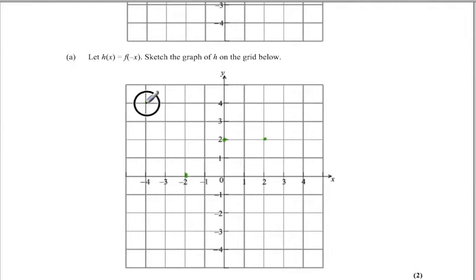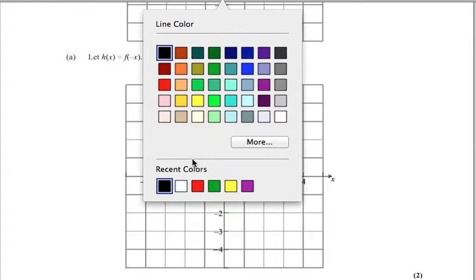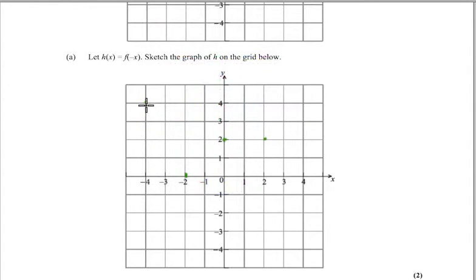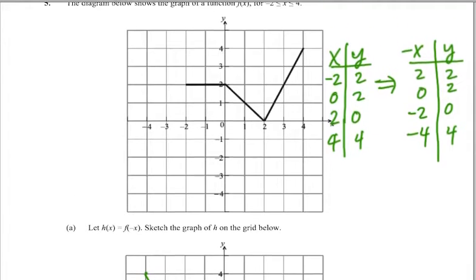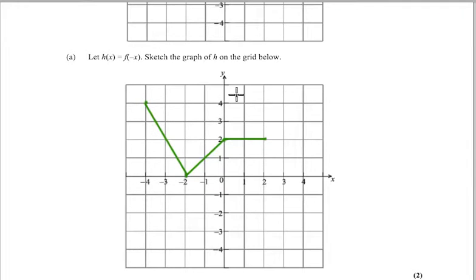Now I think I should use a ruler here just to be safe. It will be like that, like that, and then like that. As you can observe, it's just been reflected across the y-axis, and that's what it looks like. It looks exactly like a reflection across the y-axis.